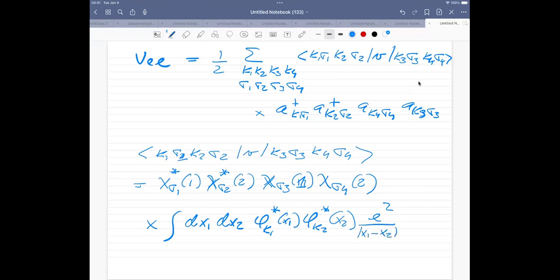This is the interaction, and it is multiplied with psi K3 of x1 and psi K4 of x2. So this is the integral as we defined it in the very beginning of the semester.